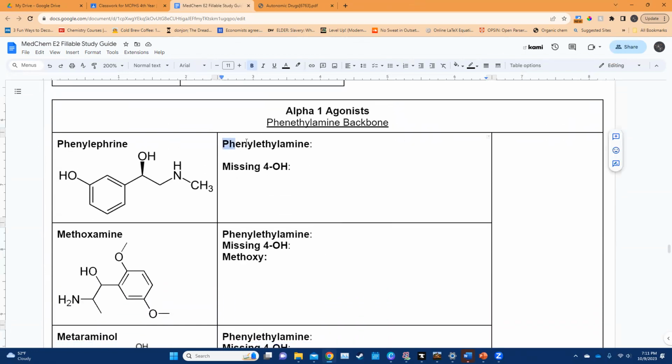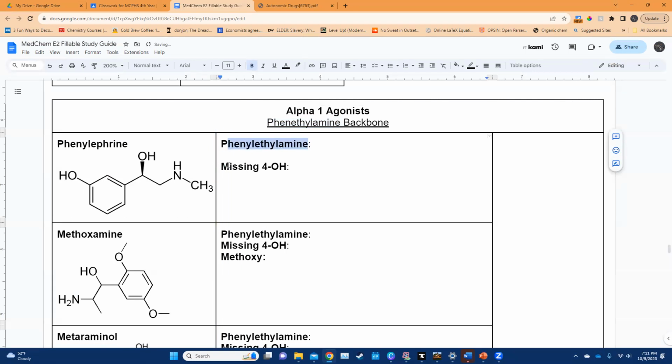So, for example, the alpha 1 agonists all have this phenylethylamine backbone. You have phenyl ethyl group amine. So, if you have phenylethylamine, that means you're an alpha 1 agonist. And then the question is, what does the effect of missing that fourth hydroxyl group mean?